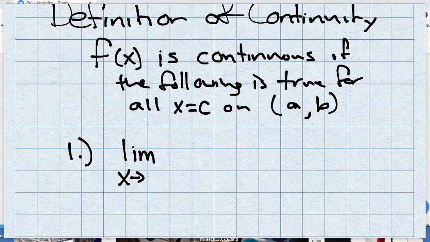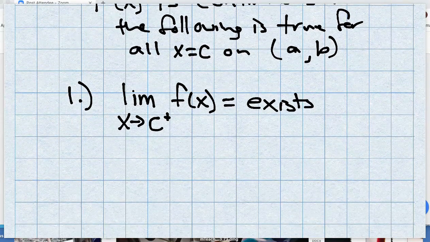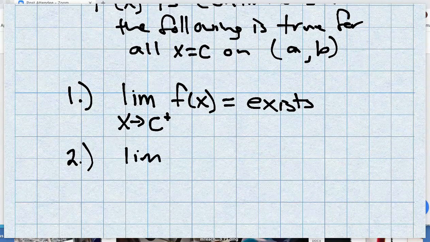So as x goes towards c from the right side exist? Does the limit as x goes towards c from the left side exist?